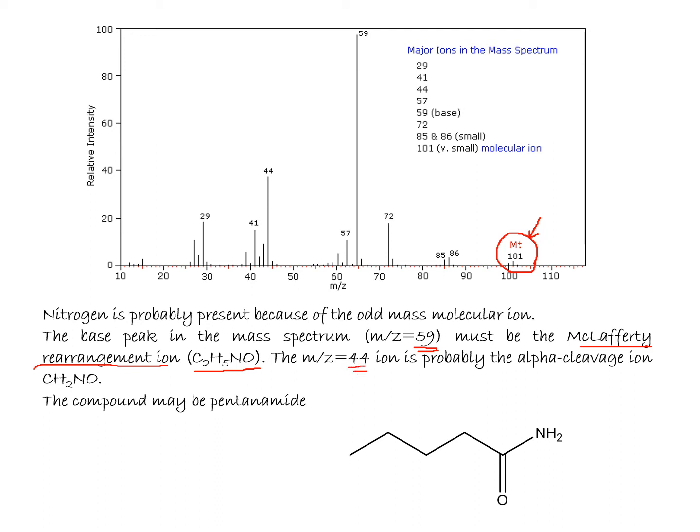Ion at 44 is probably due to the alpha cleavage of the ion CH2NO. Alpha cleavage here. This part is 44.